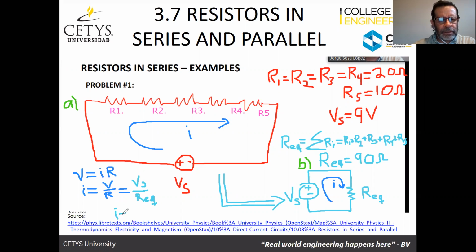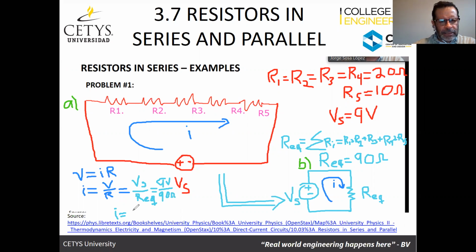So the current is going to be equal to 9 volts divided by 90 ohms.